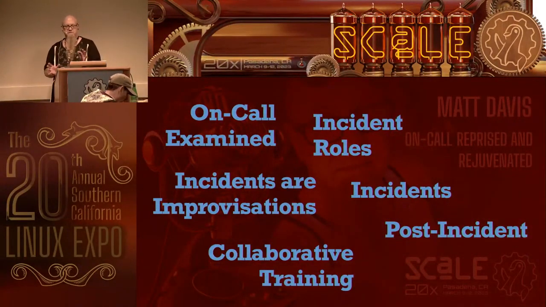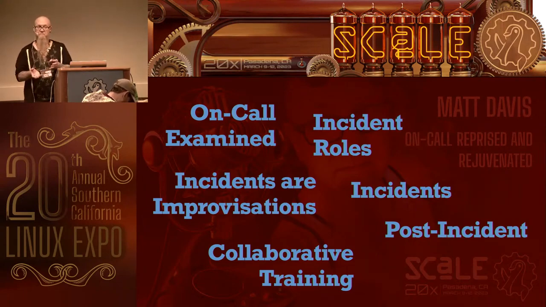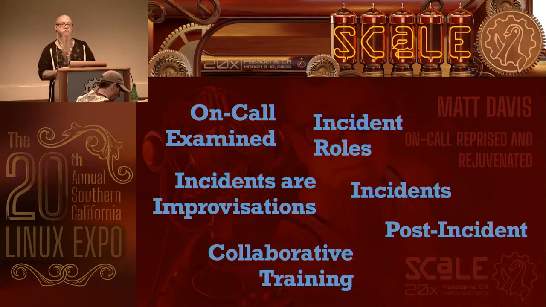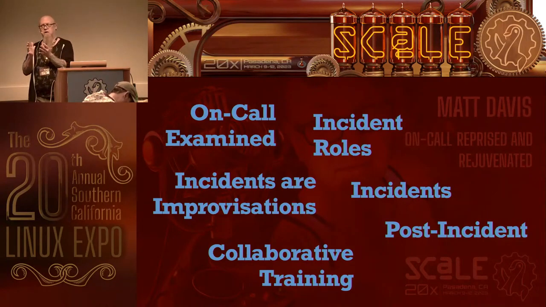So, about 6 sections of stuff here. The first half is going to be some background, a little bit about Blameless's problem doing on-call, a little bit about the theory of on-call and improvisation. And then the second half, I'm actually going to show you the training.